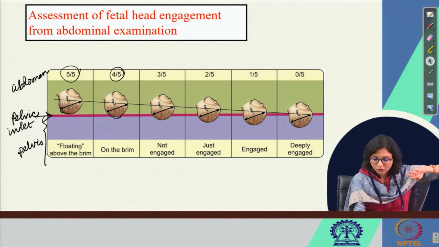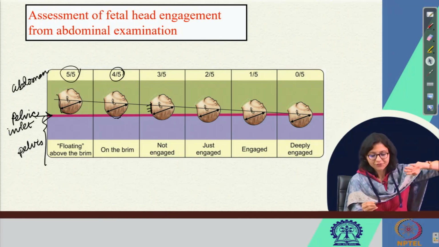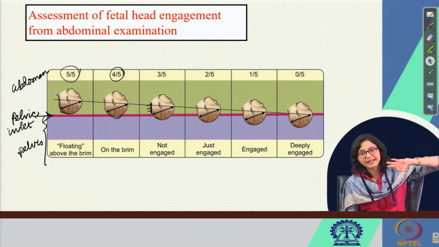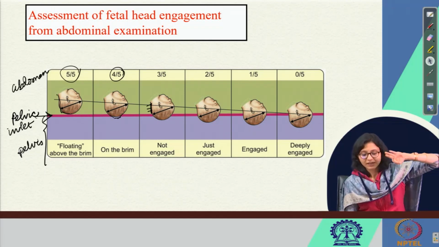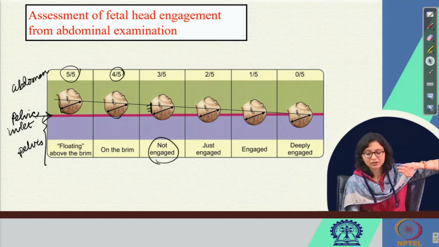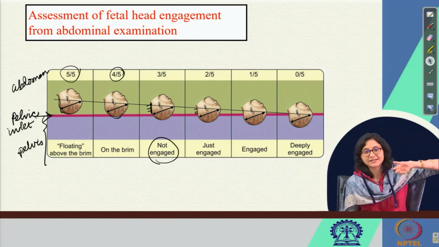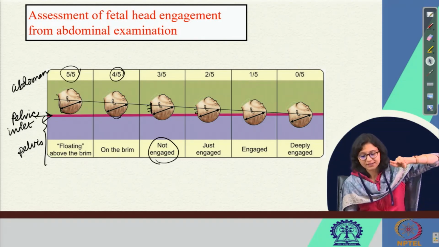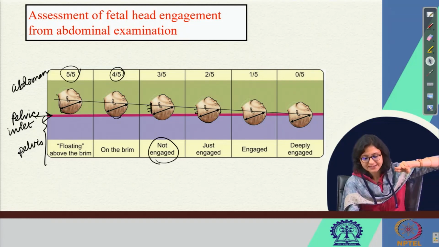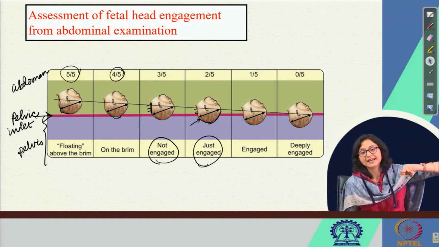The fetal head goes down more, and 3 fingers can be placed on the fetal head on the abdomen. Then also the fetal head is not engaged. Now when only 2 fingers can be placed on the abdomen, the rest has gone inside, it signifies that engagement has taken place.